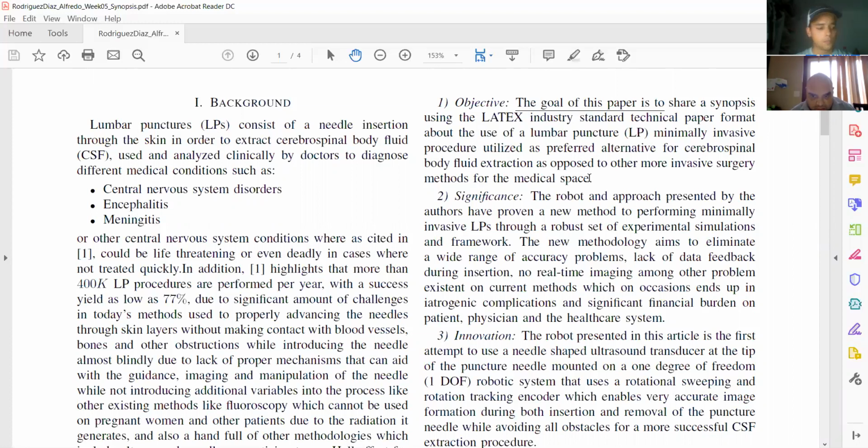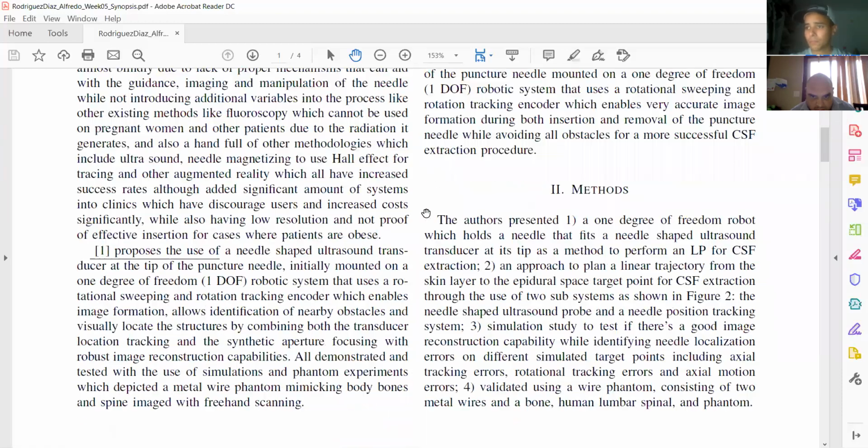And also today, when they are looking to extract cerebrospinal fluid, they also use another method, which is, let me look for it real quick.